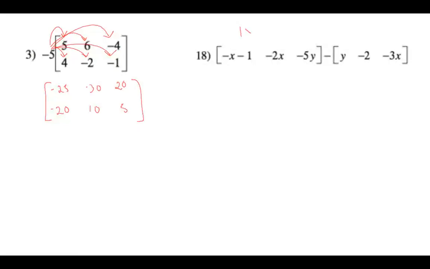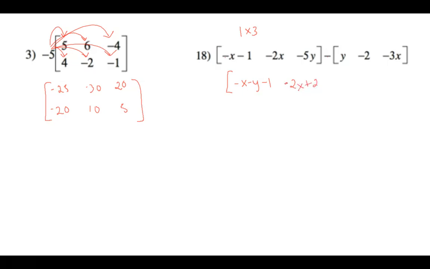What's this? This is a 1 by 3 matrix. 1 row, 3 columns. It looks a little funny. And a 1 by 3. So I'm going to be subtracting negative x minus 1 minus y. Negative x minus y minus 1. That's the order I'm going to choose to write it in. Negative 2x minus negative 2. Negative 2x plus 2.